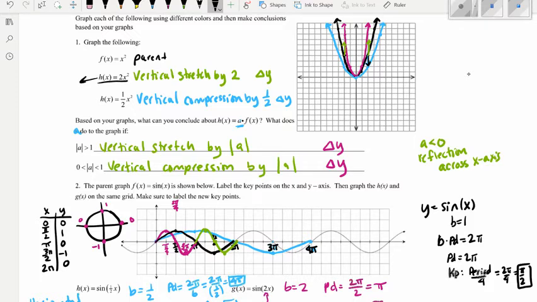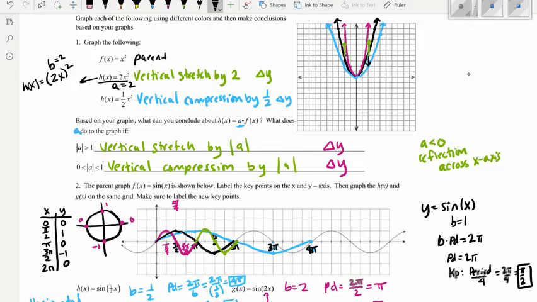If my equation for h of x would have instead been parenthesis 2x quantity squared, notice that now the 2 is on the inside attached to x. So this would be a horizontal movement, where when it's on the outside of the square, it is a vertical movement. So this now is a b value of 2, where this was an a value of 2.